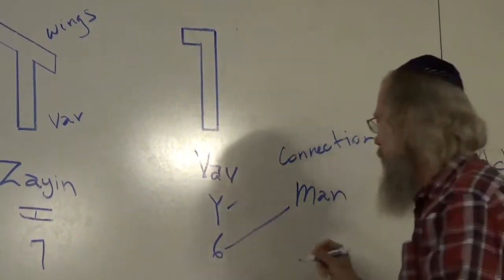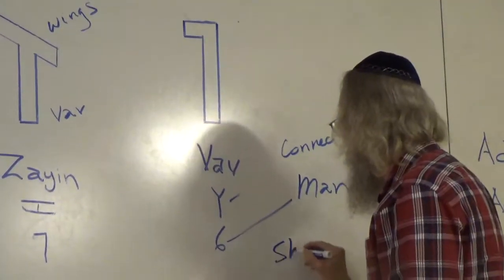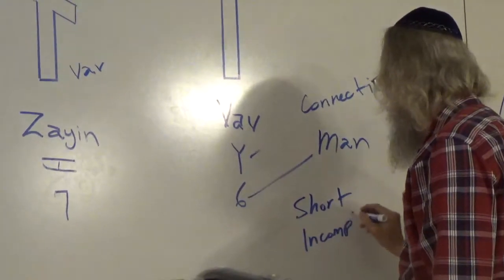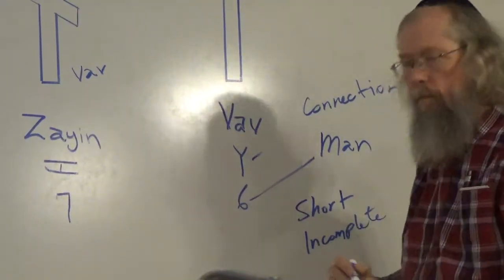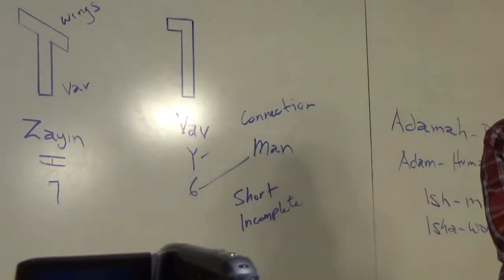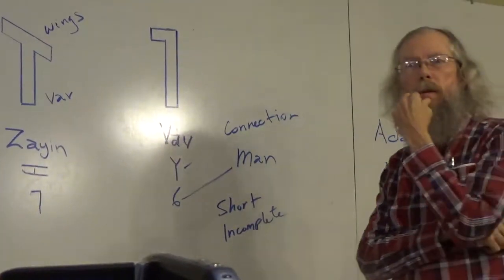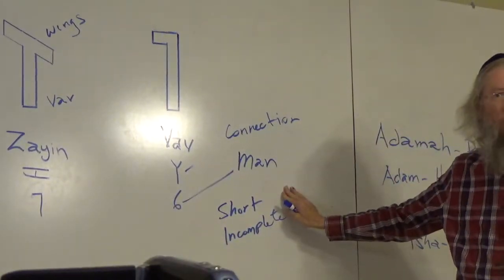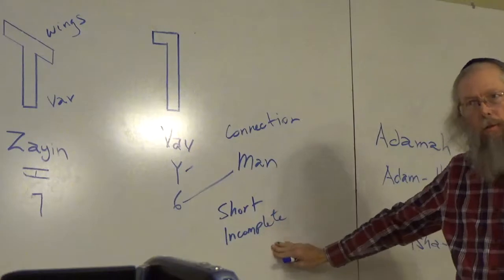Incomplete. 6 is short. Incomplete. So what does Rav Shaul say in the book of Romans concerning man? For all have sinned and done what? Fallen short.